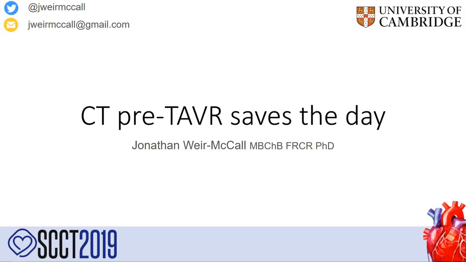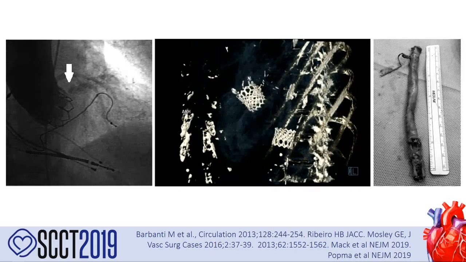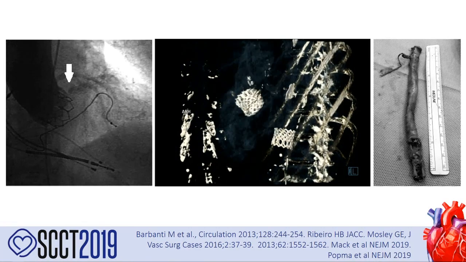It's maybe because I'm a CT enthusiast, but partly I think every day we perform a CT, we're saving the day. We're picking up people at risk of rupture, embolization, and vascular access disasters. And because of that, the three things that we're seeing up on the screen, an annular rupture, an embolized device, and a completely avulsed iliofemoral artery, are no longer commonplace.